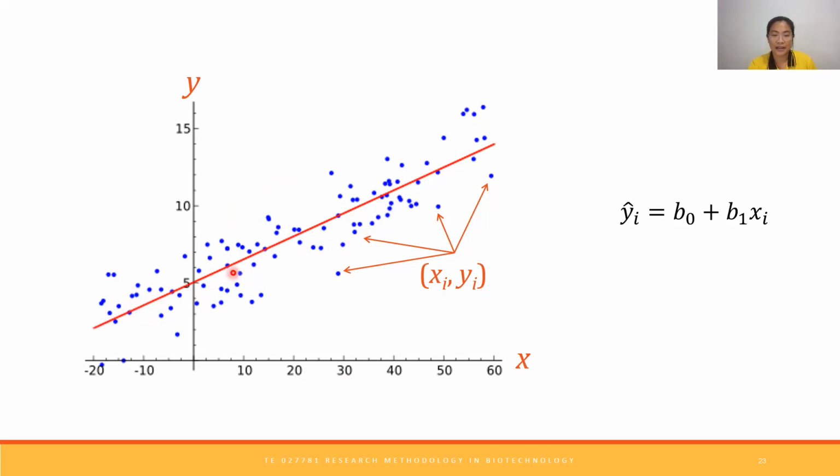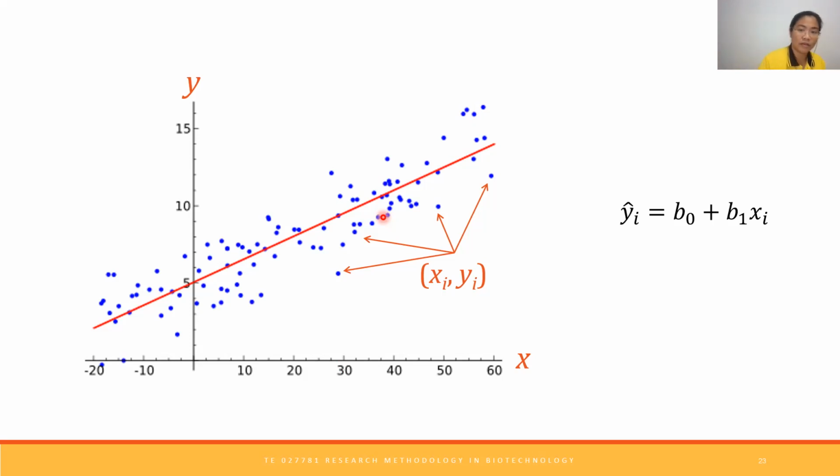So you can assume that X and Y have a linear relationship, and since it has a linear relationship, I could fit a linear equation to this set of data. So that is a simple regression.